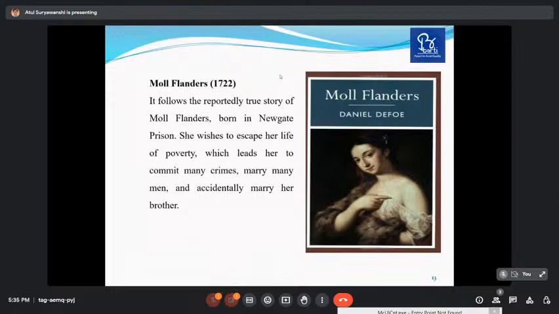So we should not run behind passions alone. It's a somber message of Moll Flanders. This is, again, after Daniel Defoe's Robinson Crusoe, a prominent work in English literature. So read this for education, for entertainment, for getting a new idea, to gain new knowledge.